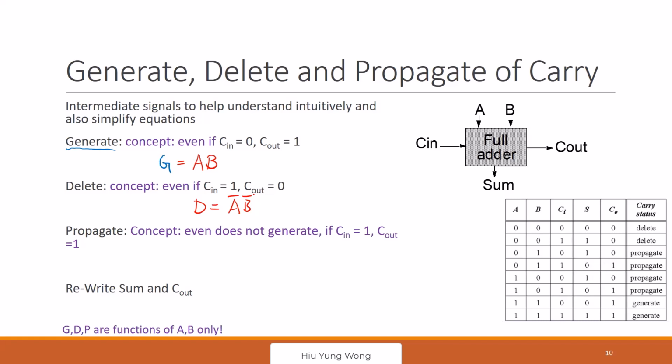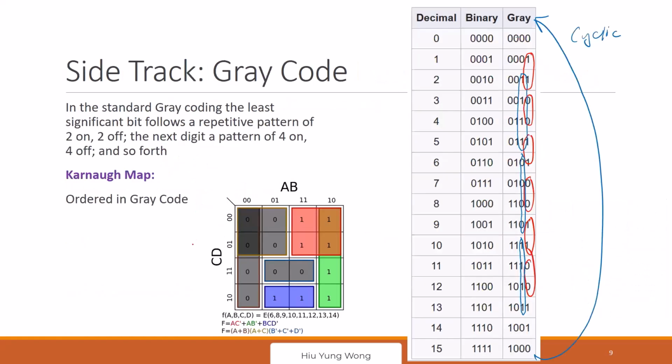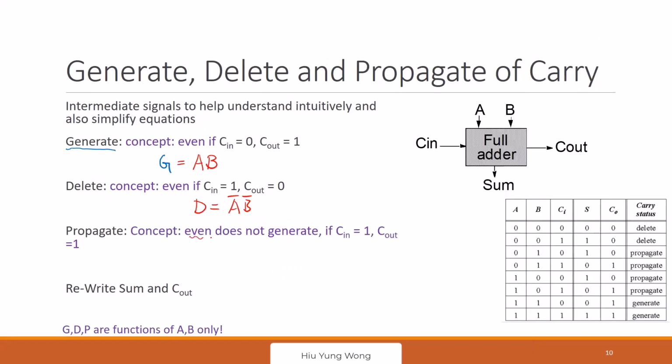And there's something called propagate. What does propagate say? It means even if it does not generate, if the input is 1, the output is 1. Let's look at this. This one generates, so we don't care. But look at this. This one does not generate when the input is 0. But if the input is 1, C is 1, it will propagate.